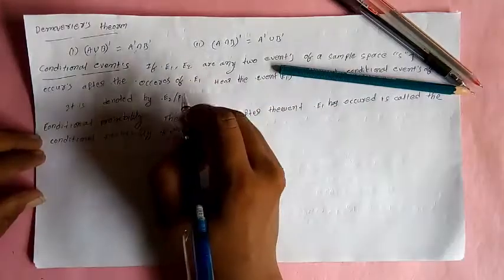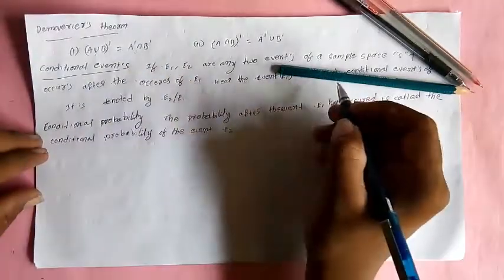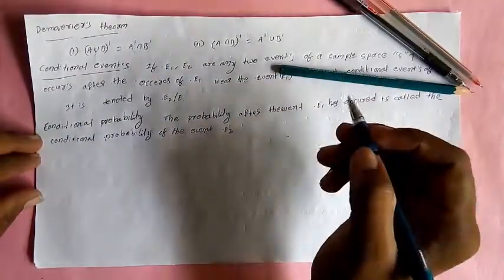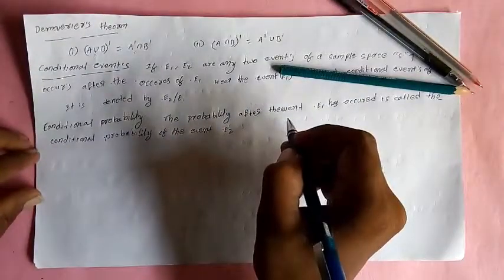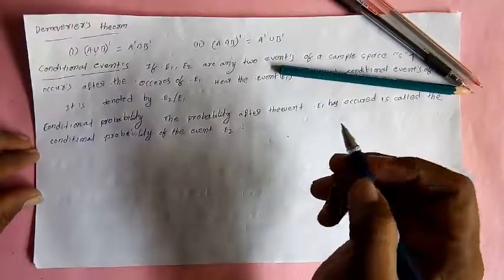That is, the probability of E2 after the event E1 has occurred is called conditional probability of the event E2.